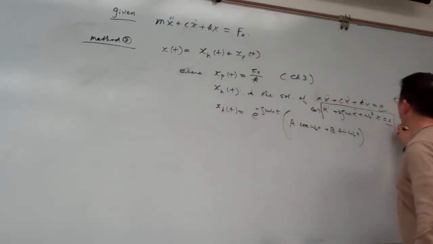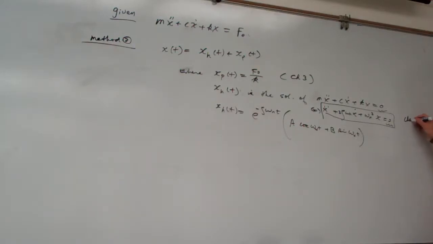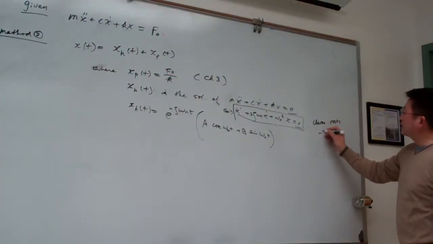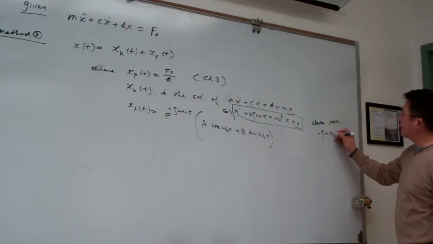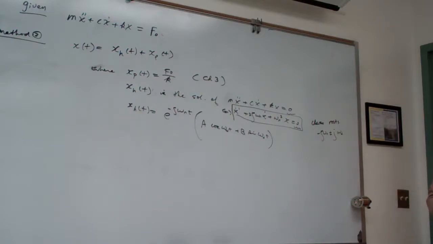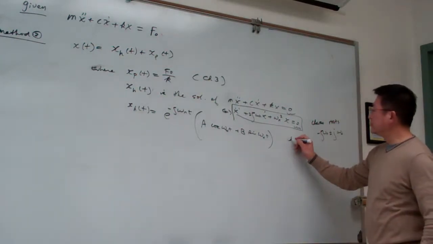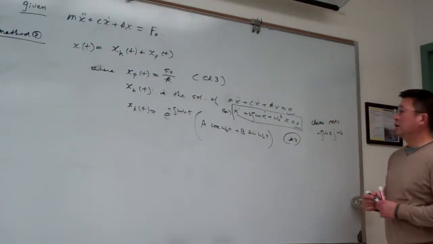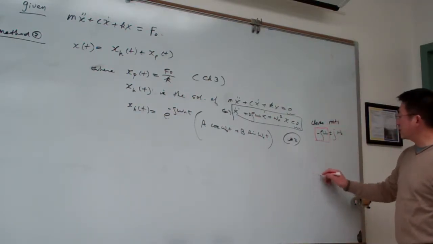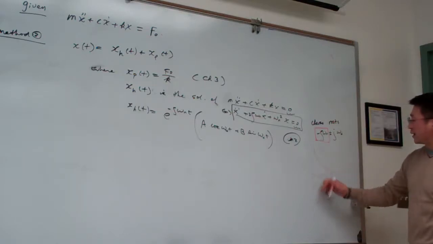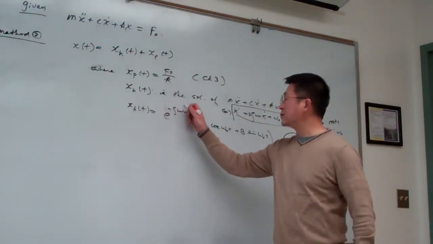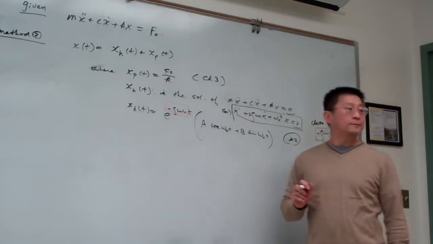Because for this one we have the characteristic roots minus zeta omega_n plus or minus j omega_d, right? So this is from our chapter 2. If you remember, this is our real part, and the real part defines the decay profile, the envelope.